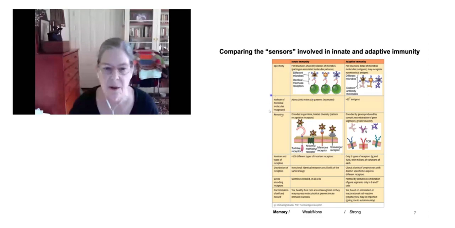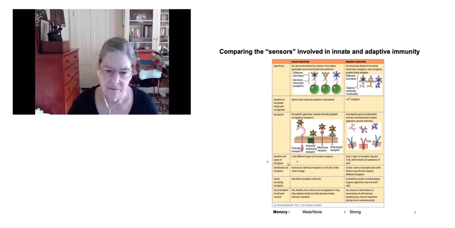The number of different molecules recognized is going to be about 1,000 for the innate receptors, whereas it's going to be hundreds of millions or more, really, for the adaptive immune receptors, again antibodies and T cell receptors. And among the innate immune receptors, you've got a lot of different ones that are intracellular, extracellular, and so forth. Whereas for adaptive immunity, it's antibodies and T cell receptors, so it's just two types of receptor, basically.